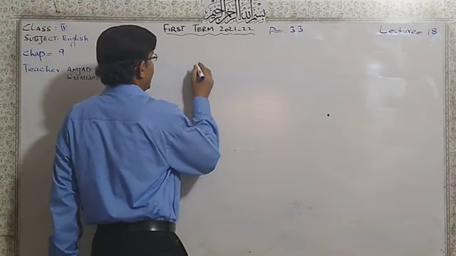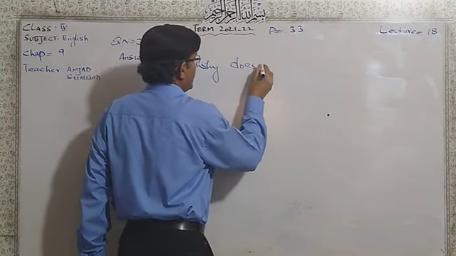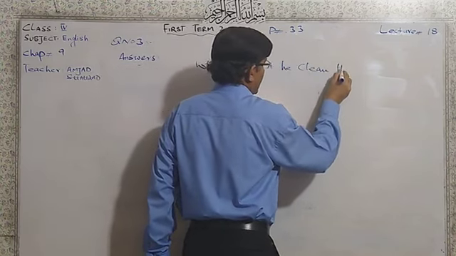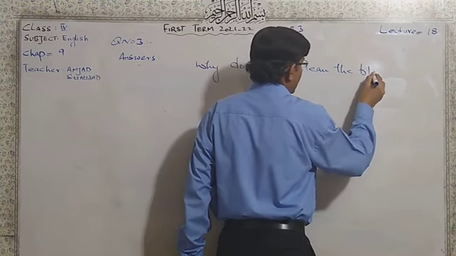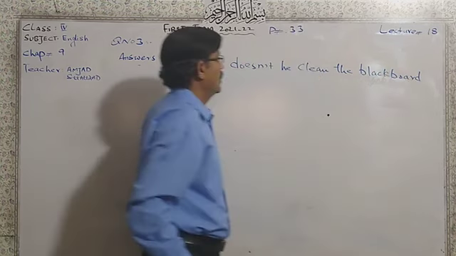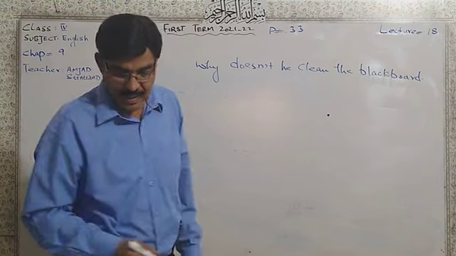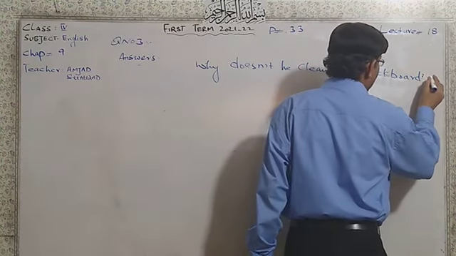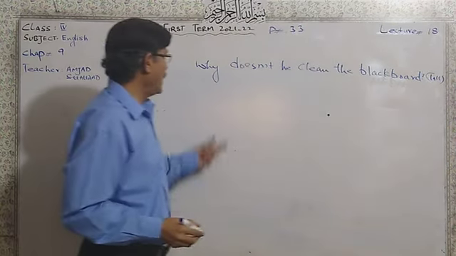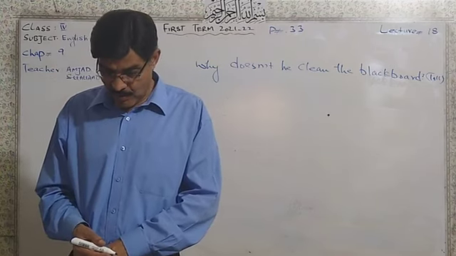Example. Why doesn't he clean the blackboard? Here is written tall, question mark, and here written tall. In brackets we have the word tall.